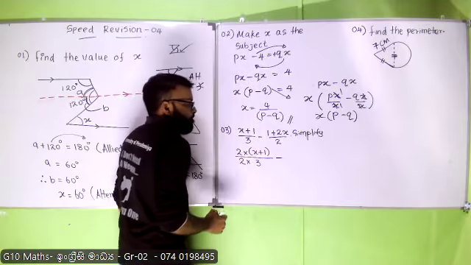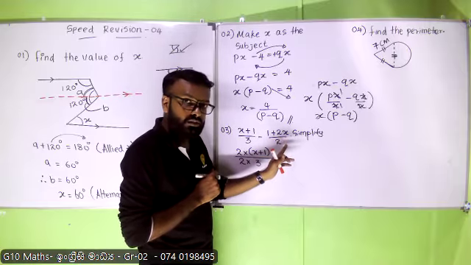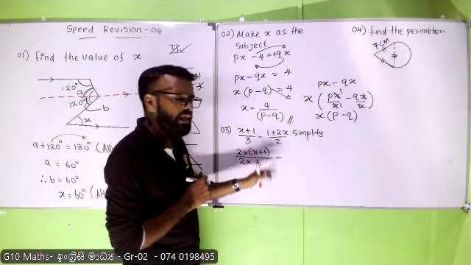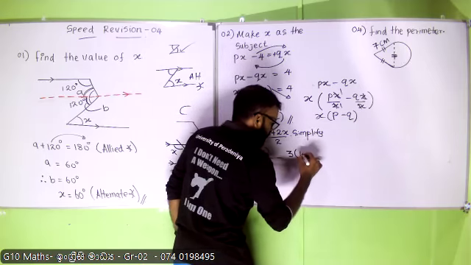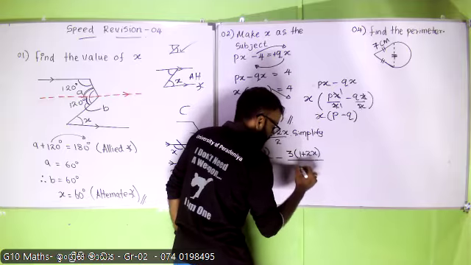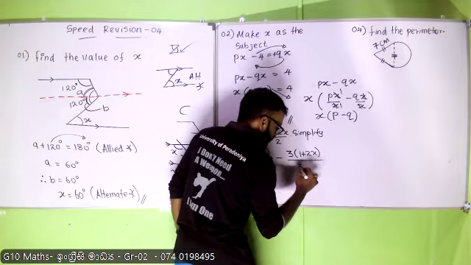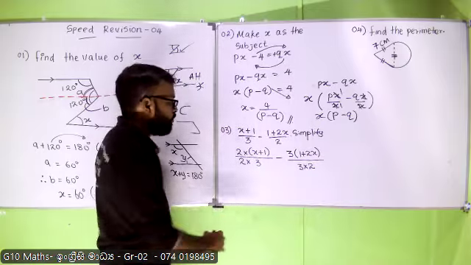Minus, I want to convert this 2 into 6, so I need to multiply it by 3. So both numerator and denominator have been multiplied. Equal mark.